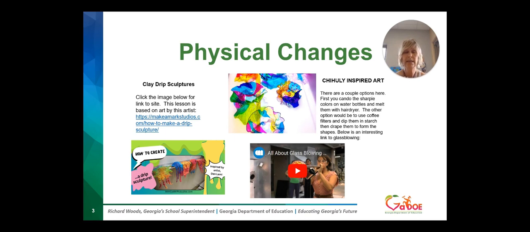Both are nice lead-ins for Chihuly and also relate back to physical changes. In this one, I've linked all about glass blowing, and that is a nice video that you can share with your kids. It's real short, I think it's only like 4 minutes long. So both of those are good resources for physical changes.